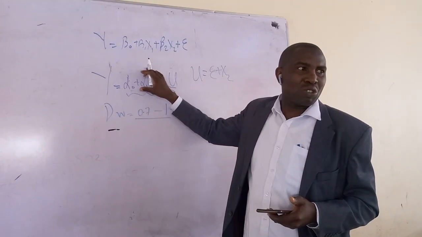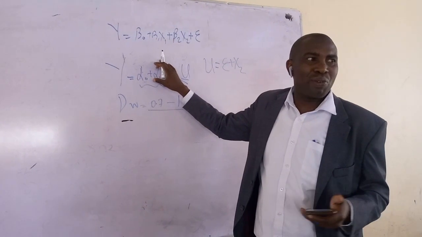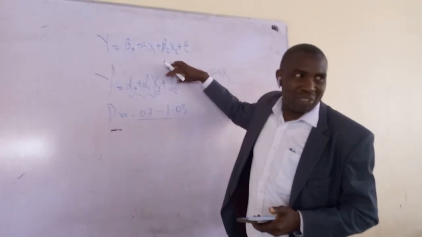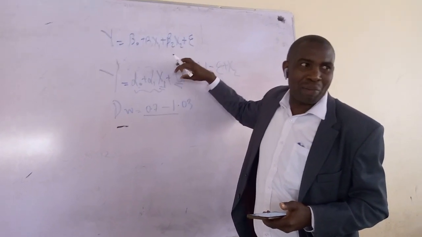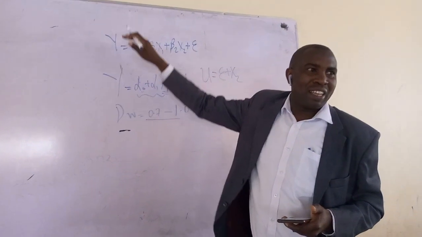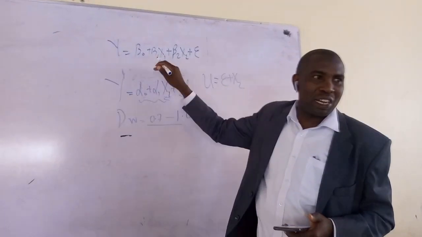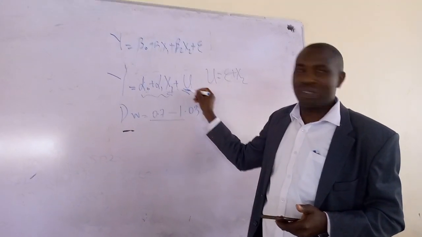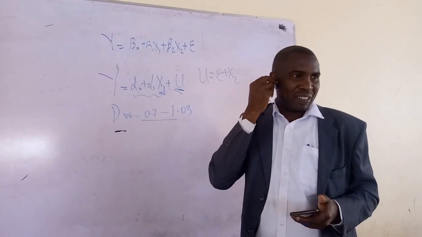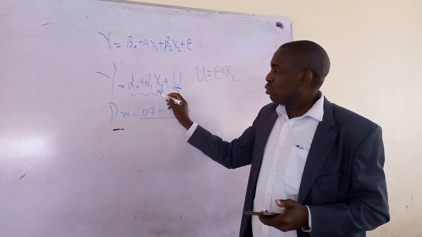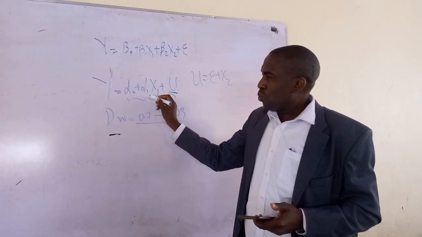Remember when I was explaining the case of quantity demanded and price, I told you that income is inside the error. Income can push the quantity demanded outside, and therefore the price is also pushed upwards. Are you seeing that? The same applies here, so this one and this one may be related.